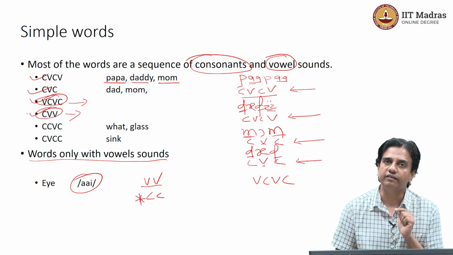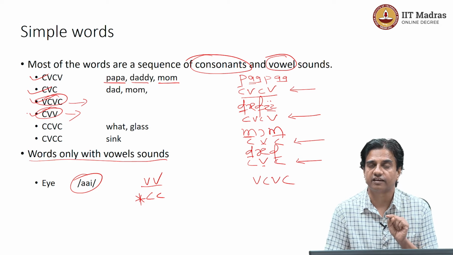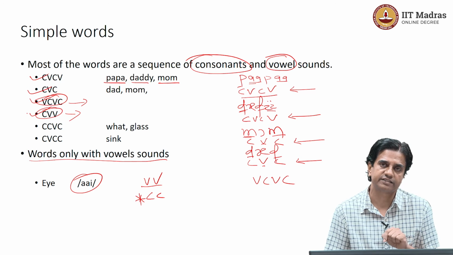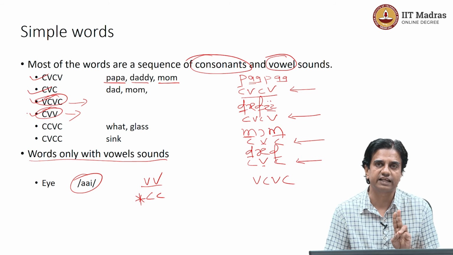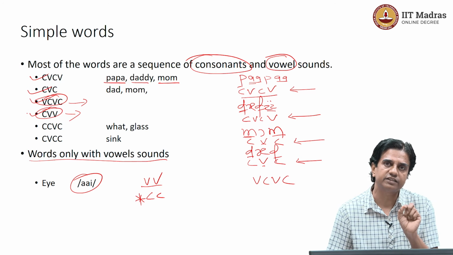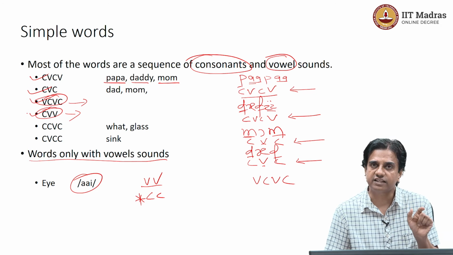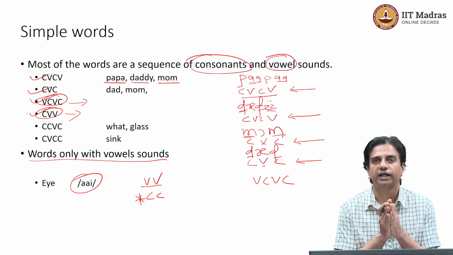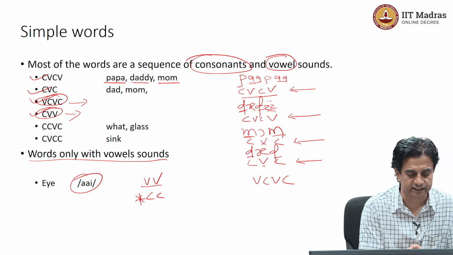Not even the inbuilt vowel sound that we have discussed, like pa has an inbuilt a in it, and ka also has an inbuilt a in it, ba also has an inbuilt a in it. So when two consonant sounds make a cluster, that inbuilt sound is also gone. And when that sound is lost, the two consonant sounds come too close, and that is what we call a cluster. So look at examples like this.